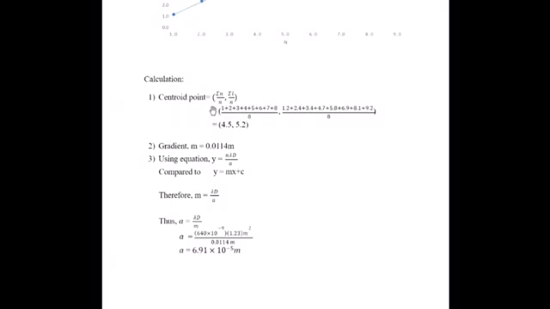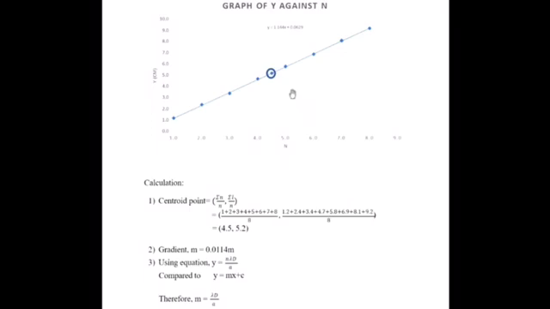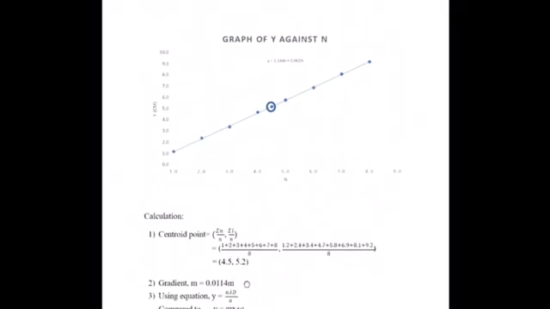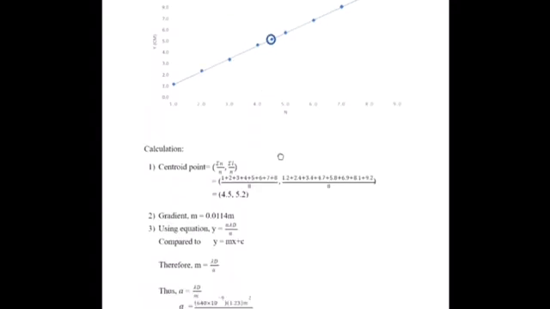The centroid point for this experiment is 4.5 and 5.2. I have plotted the centroid point here, and then the gradient of the graph is 0.0114 meter, which I converted from centimeter to meter.